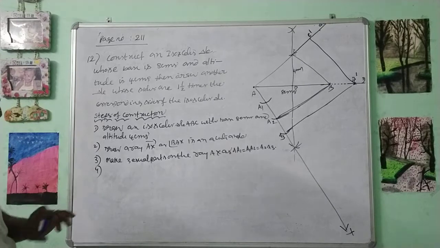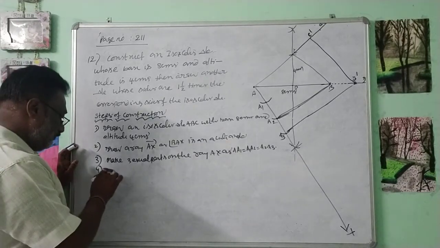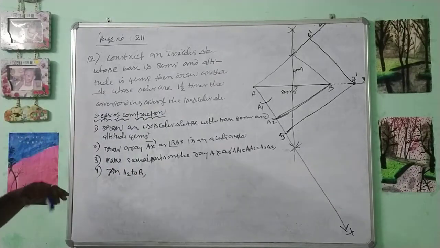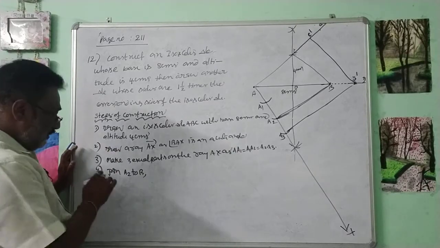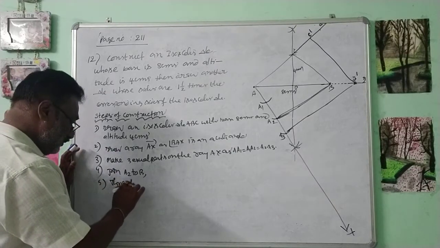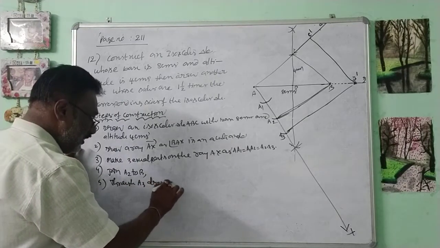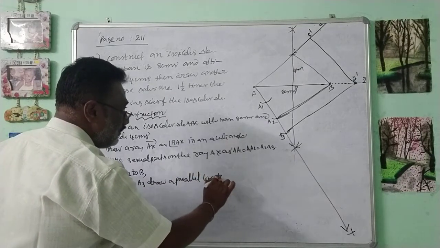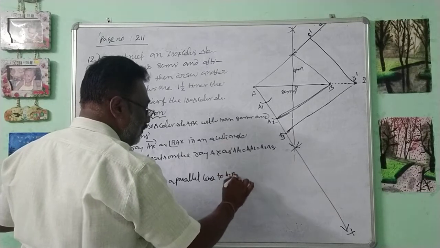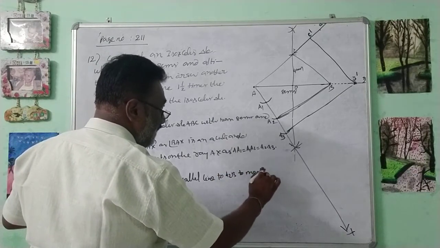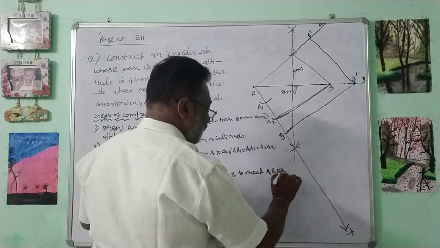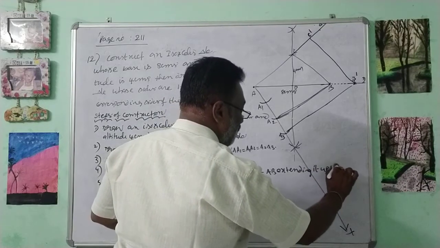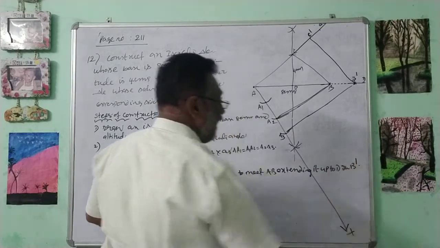Next, fourth point, join A2 to B. Next step, fifth one, through A3, draw a parallel line to AB to meet AB extending it up to D in B dash.